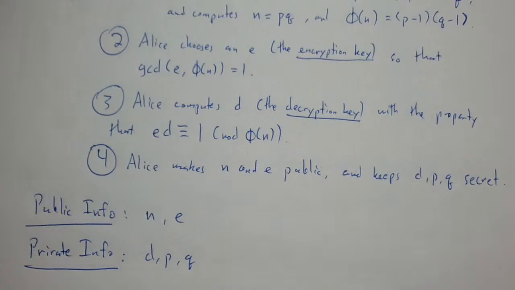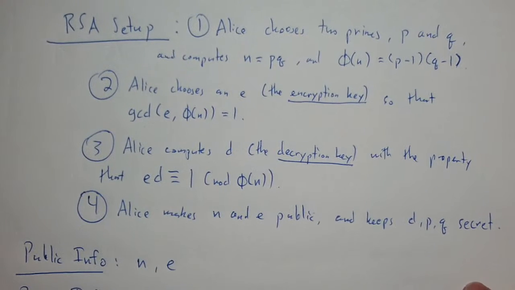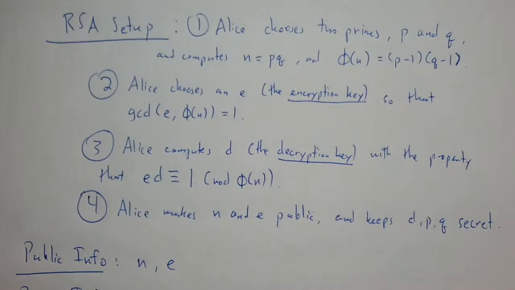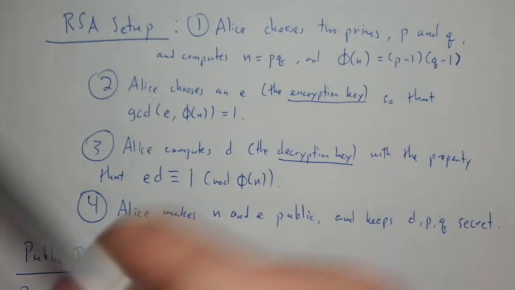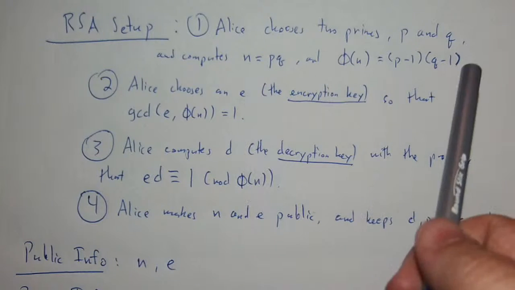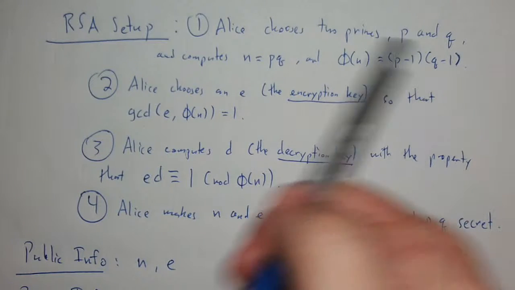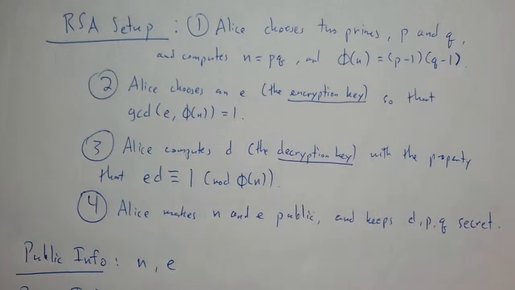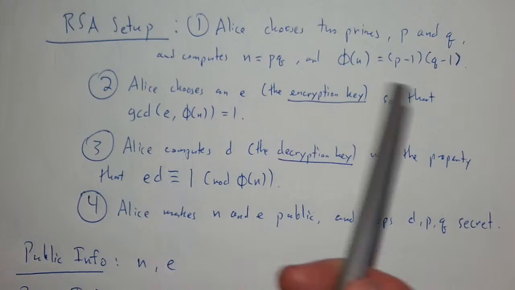So how does the actual encryption method work? This is the setup. Suppose that Alice has done this. She has chosen her two gigantic primes P and Q, multiplied them together to find N. Phi of n is easy to compute after that. She chose her E in this way. It turns out that the E chosen need not be gigantic.